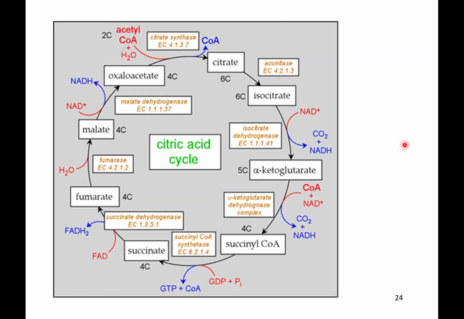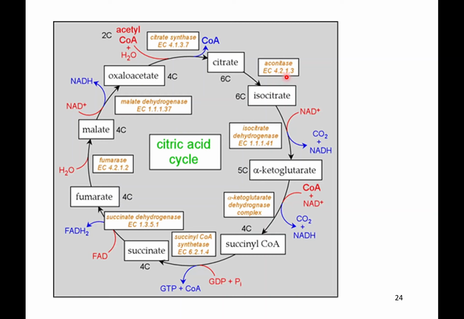And then finally, this is yet another way to depict the citric acid cycle. I like this one because it shows you the enzyme names nicely highlighted here, and they give you the enzyme class numbers, so you can tell what kind of enzymes they are.